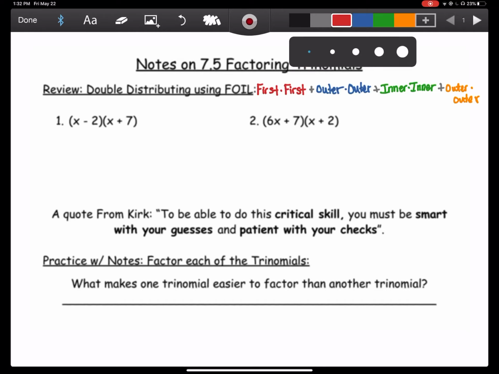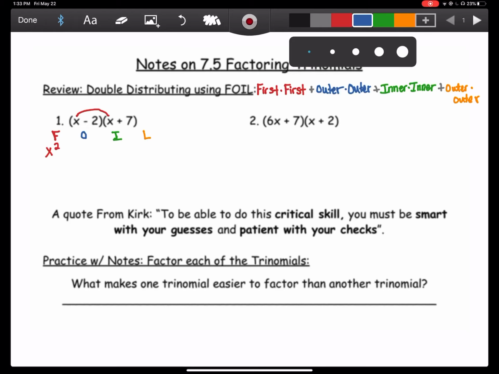So what happens in number 1 when we use FOIL? Here's the phrase spread out. When we do first times first, it really refers to x times x, so that gives us x squared.